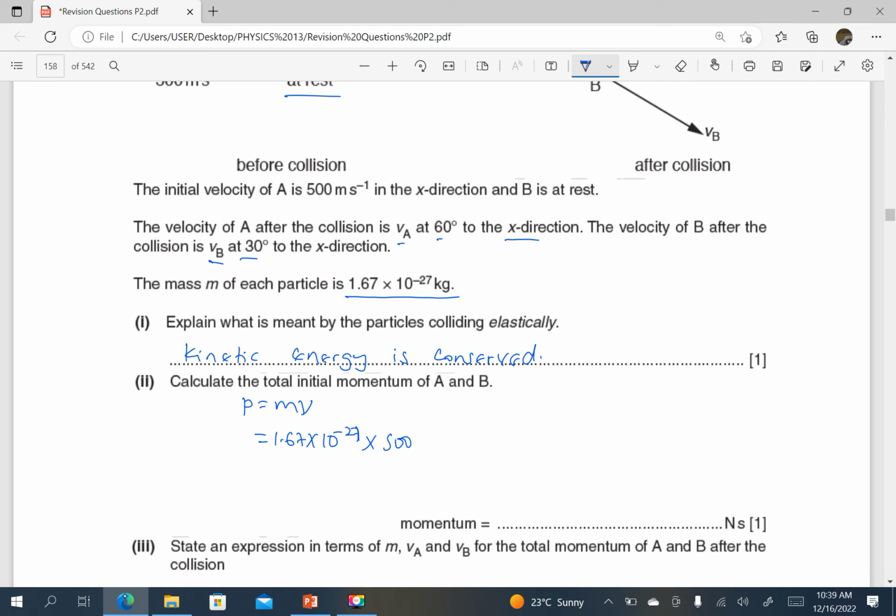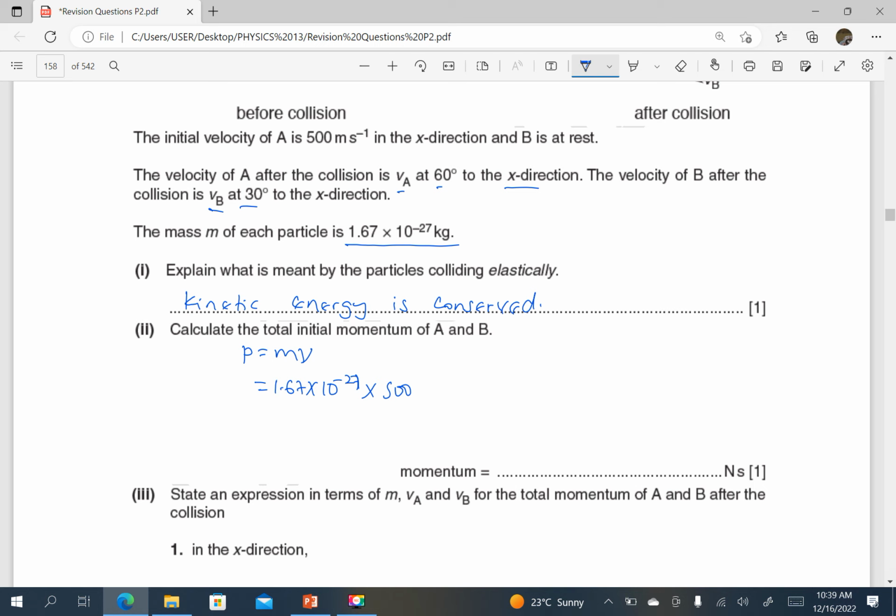I press my calculator: 500 times 1.67 exponent negative 27. So the momentum is 8.35 times 10 power negative 25.